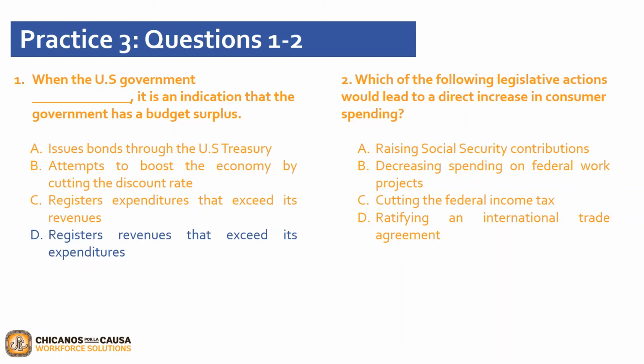Answer C, cutting the federal income tax, would actually leave consumers with more money to spend, while option D would either decrease consumer spending or would have no direct effect on consumer spending. Therefore, the correct answer is C, cutting the federal income tax.